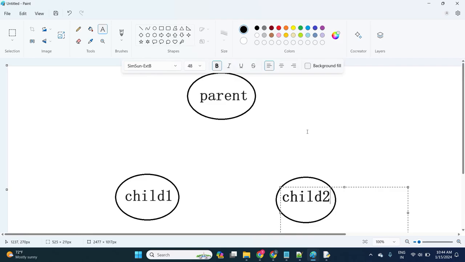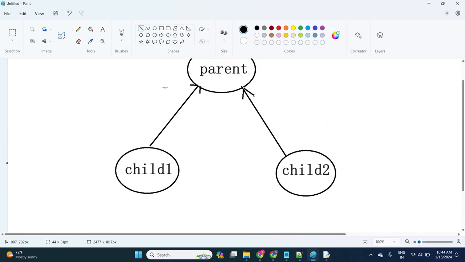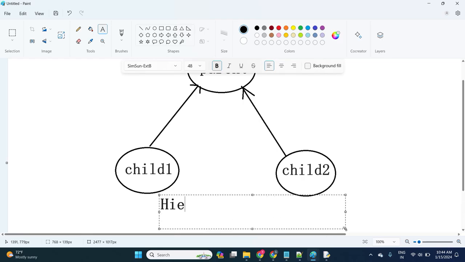Now observe here. This one we can call as multi-level inheritance, and this one we can call as hierarchical inheritance.